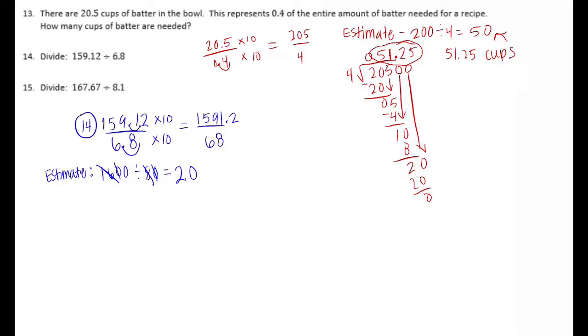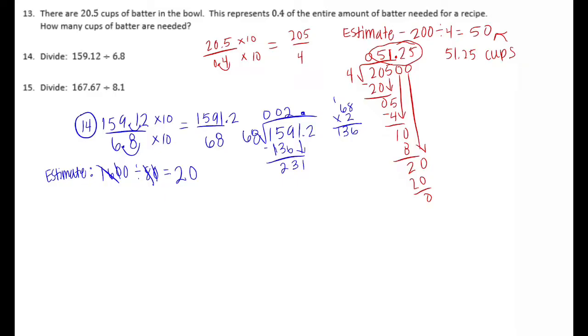And then let's divide 1,591 and 2/10 divided by 68. Bring the decimal point straight up. 68 can't go into 1 or 15, but it could go into 159 probably twice. 2 times 6 is 12, plus 1 is 13. So we get 136. 9 minus 6 is 3. 5 minus 3 is 2.